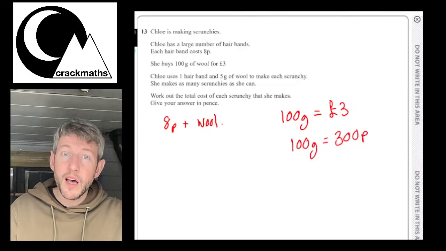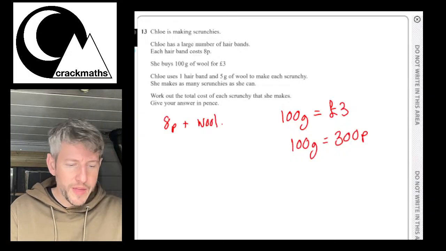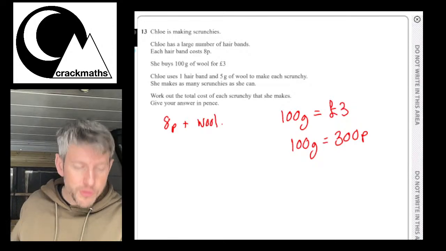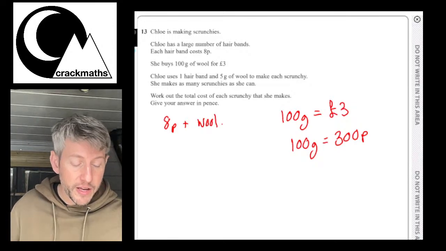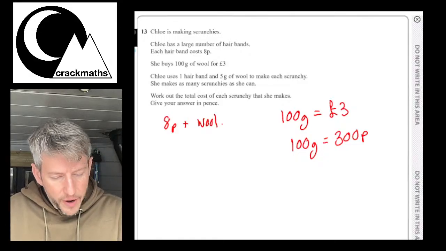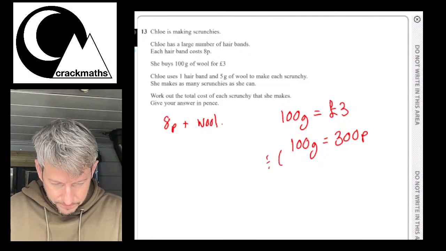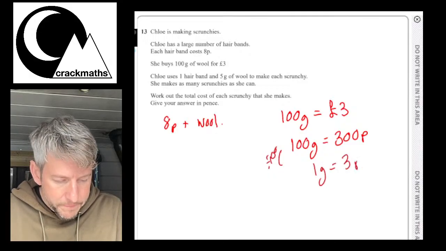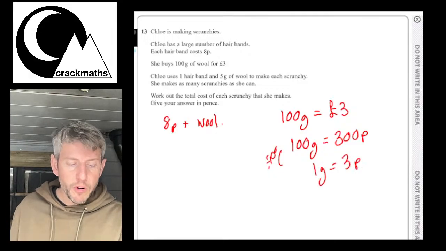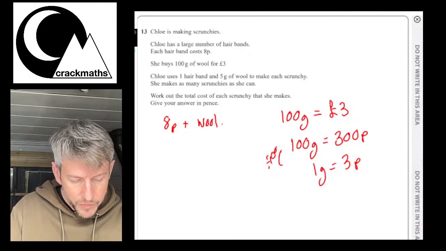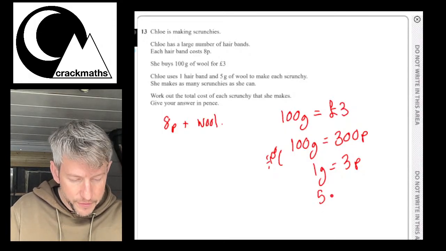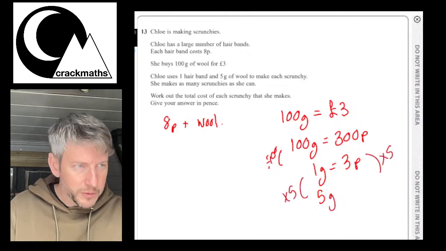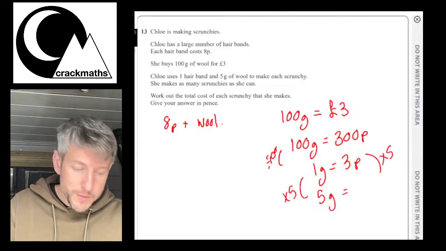There's 100 pennies to the pound, so that's how we've got this. Now I'm going to divide both by 100 to get 1 gram equals 3p. If 1 gram of wool equals 3p, I can times this by 5 to get 5 grams. 3 times 5 is 15p.